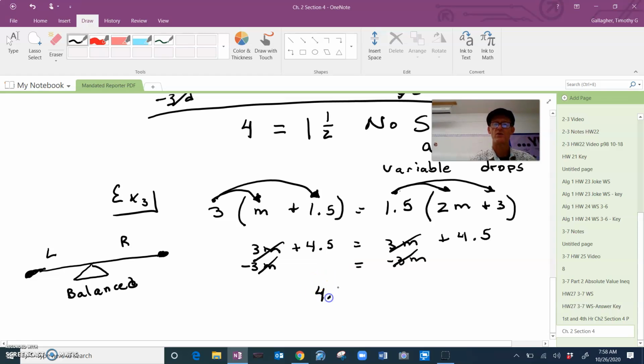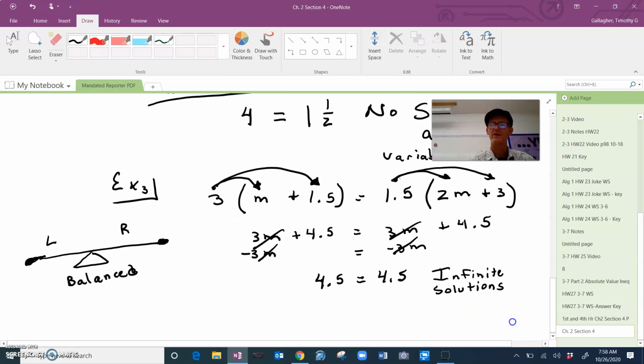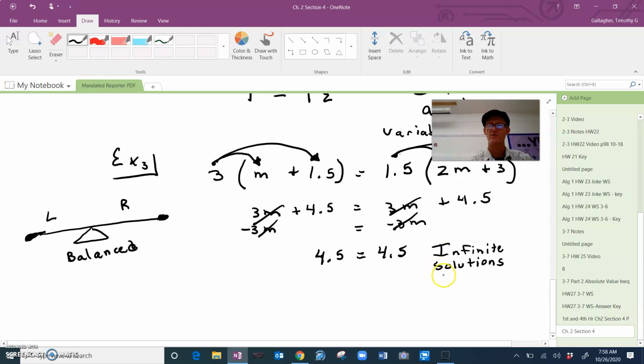On the left side of the equation is 4.5, and on the right side is 4.5. That's infinite solutions. That means you can have anything for the variable. The variable m can be any number. That's when a equals a, the same on both sides, and the variable drops.